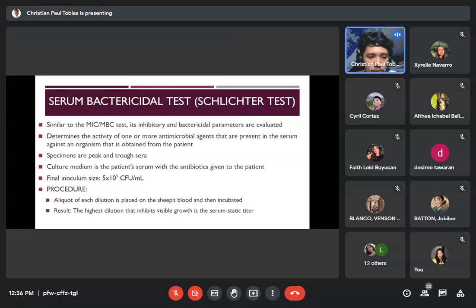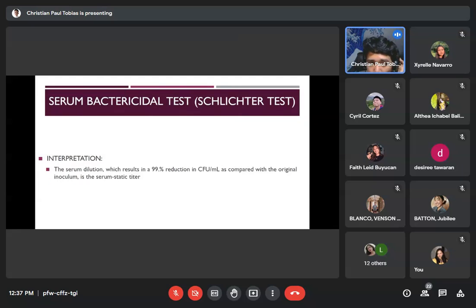Final inoculum size is 5 times 10 raised to 5 bacterial cells or CFU per ml. Procedure: an aliquot of each dilution is placed on sheep's blood and then incubated. Result: the highest dilution that inhibits the visible growth is the serum static titer.